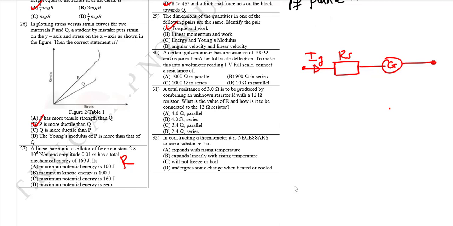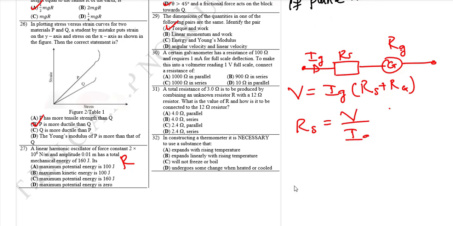Now the PD across the terminals V will be equal to IG into the resistance of the shunt plus the resistance of my galvanometer, which you can call RG. Now you see from there we are looking for RS, so the resistance of the shunt will be equal to V divided by IG minus the resistance of the galvanometer.